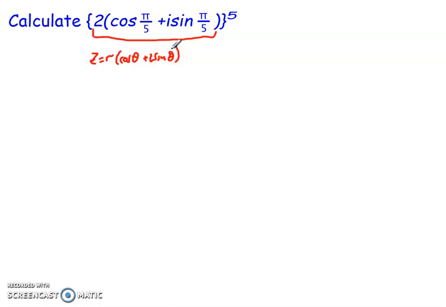We're not asking you to write it in this question. It's written for you. You just have to do the step. So essentially it wants z to the power of 5. So it wants 2 to the power of 5 bracket cos of 5 pi over 5 plus i sin 5 pi over 5.